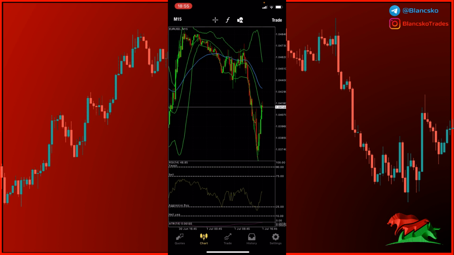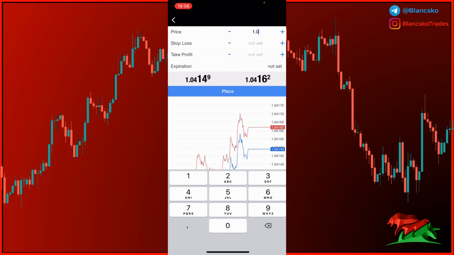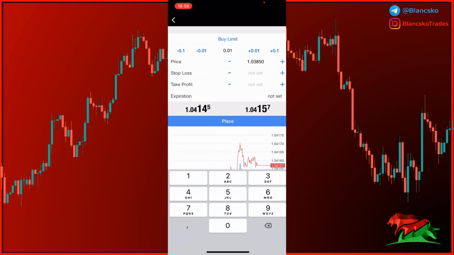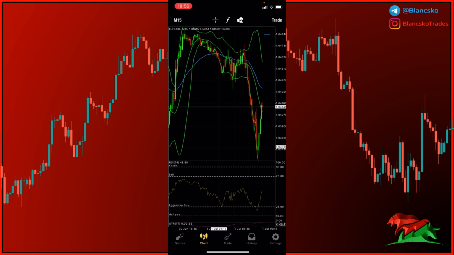If I want to enter a buy when price retraces to 1.03850, I can do that by entering a buy limit. So what I'm gonna do is click buy limit and enter 1.03850.